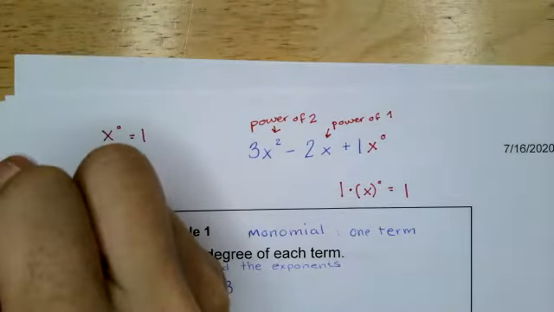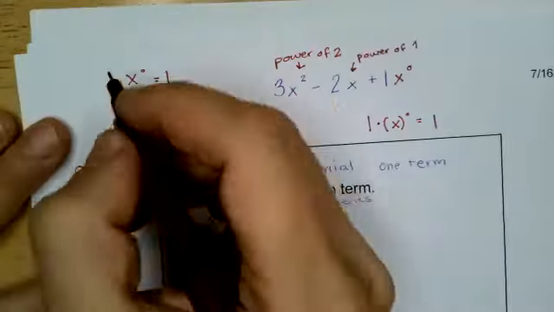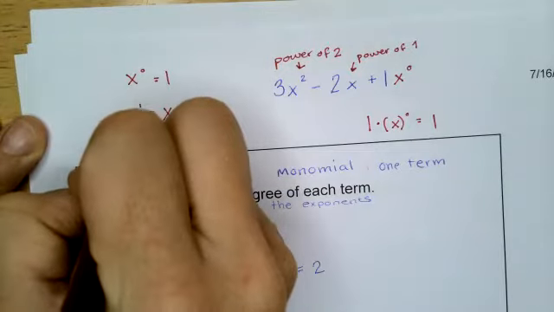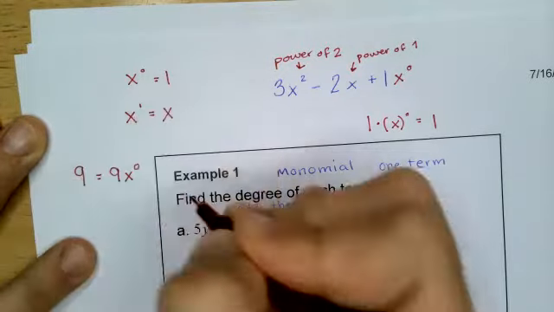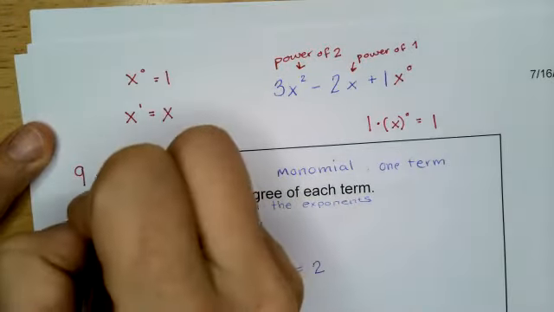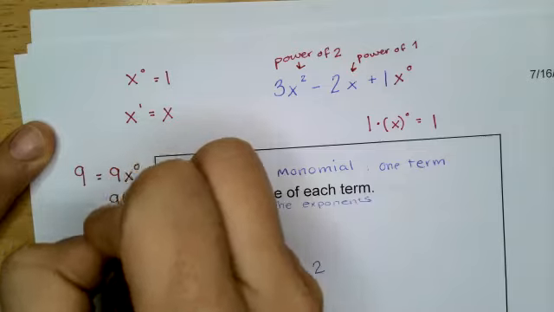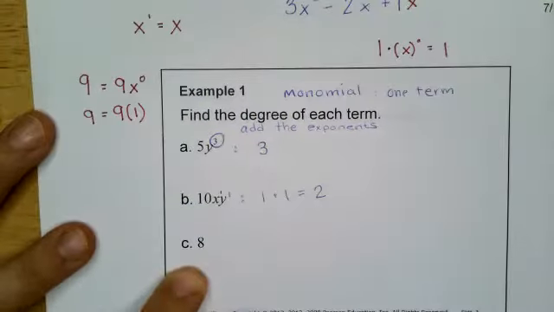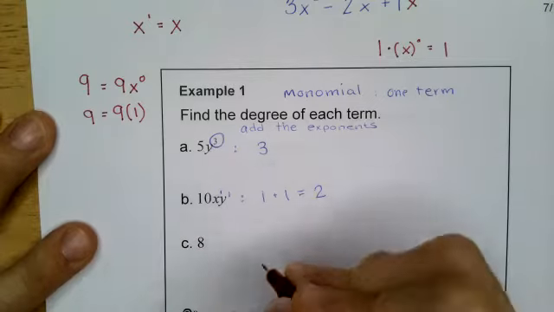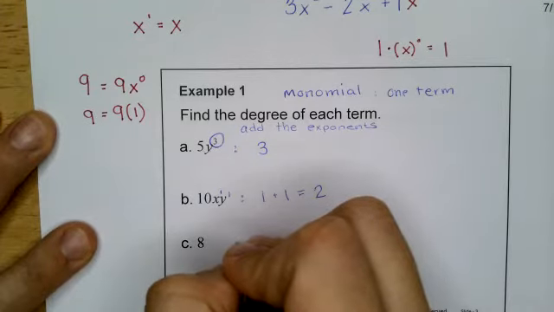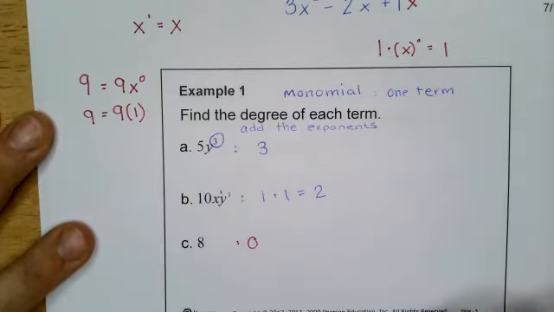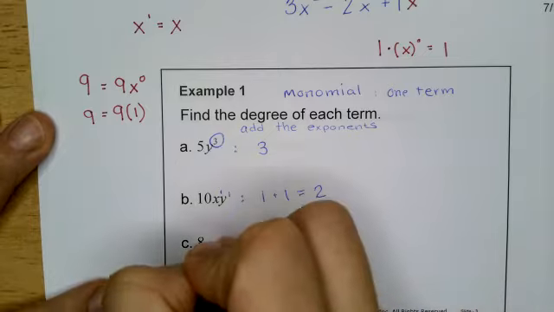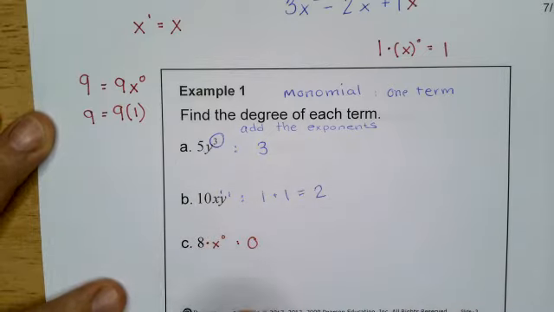So if it was back on the other example, we had 9. 9 is the same as 9 times x to the 0 power, right? Because 9 times x to the 0 power is just 9 times 1, and that's still 9. So you can always think of your constant as being multiplied by a variable to the power of 0. 8 times x to the 0 power, so that means it's a degree of 0.